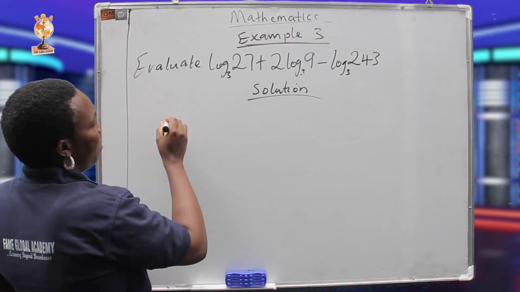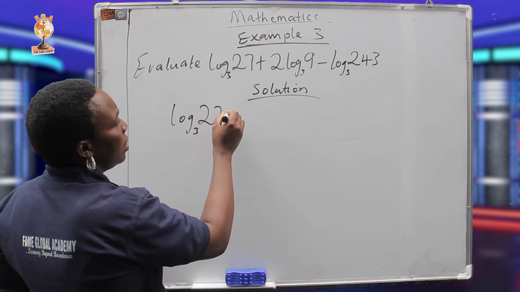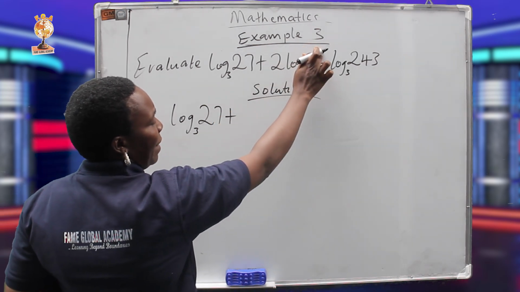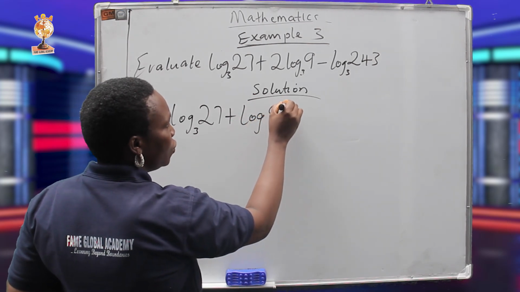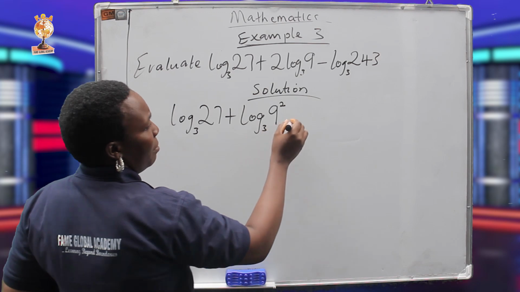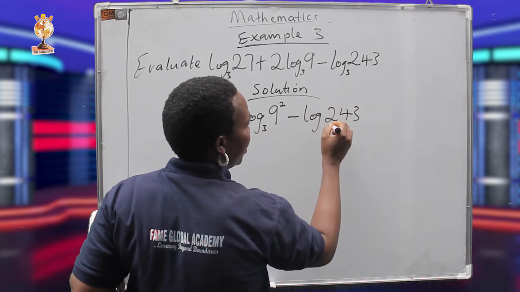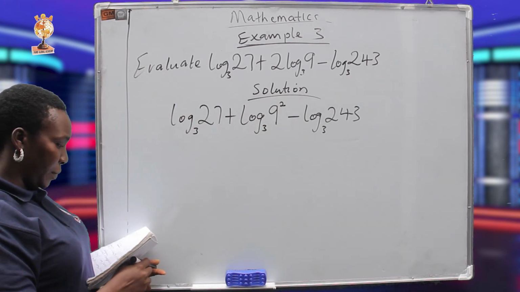So this one remains log 27 base 3 plus, like I said, we are carrying this 2 to the power of 9. So that will give us log 9 raised to the power of 2 base 3 minus log 243 base 3. I believe we understand what is going on there.